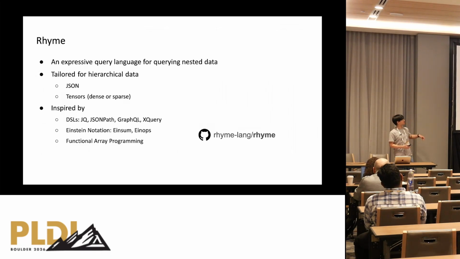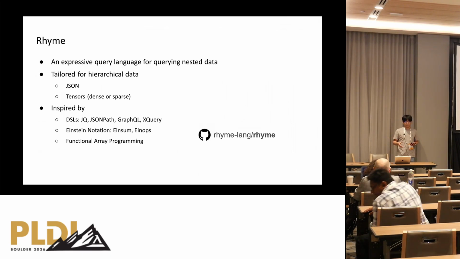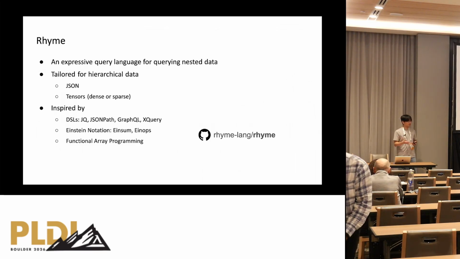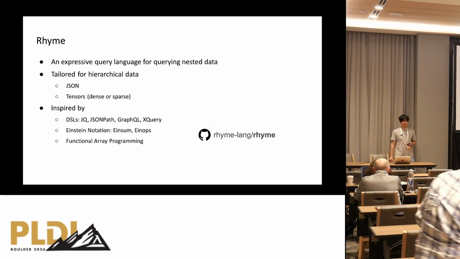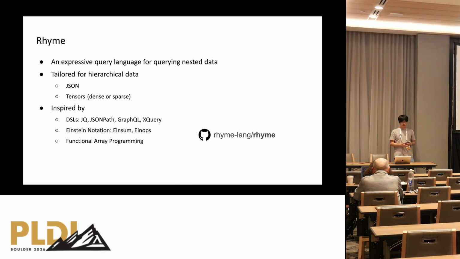And the language itself is originally inspired by some existing solutions that target JSON data as well, for example, JQ and JSON path. JQ is very popular in JSON processing nowadays. And there's also GraphQL and XQuery, which existed earlier and were used mainly for web applications.